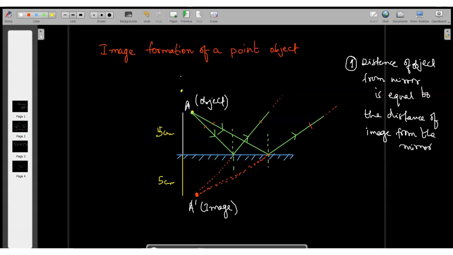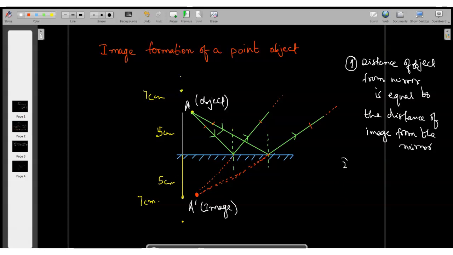So now the distance of the object from the mirror is 7 centimeter. So the image will also move 2 centimeter away from the mirror, and now the distance of the image from the mirror will also be 7 centimeter. I hope this first property for the image formation in a plane mirror is clear to all of you. The distance of the image from the mirror will be equal to the distance of the object from the mirror.